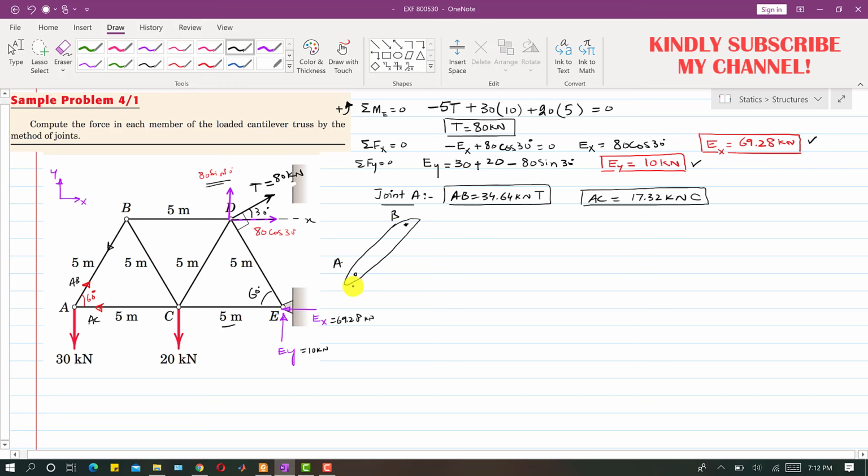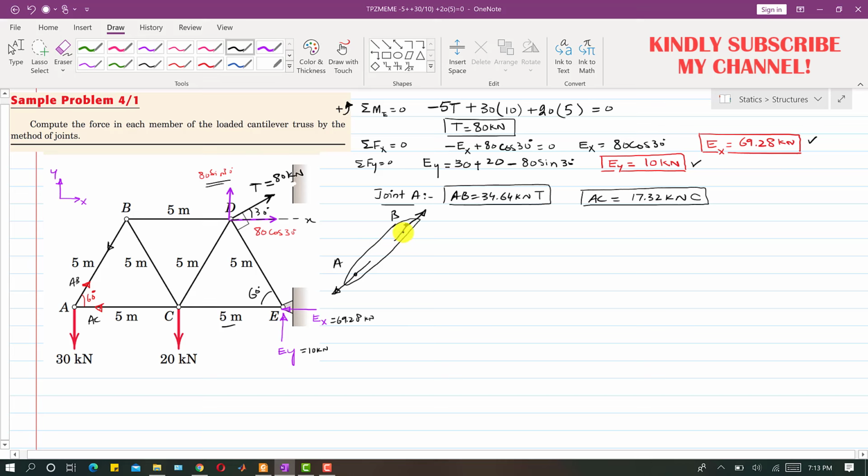The forces on this AB member are tension forces, so we will have this force and we will have this force. This AB member is under tension, so these are the forces on this member.